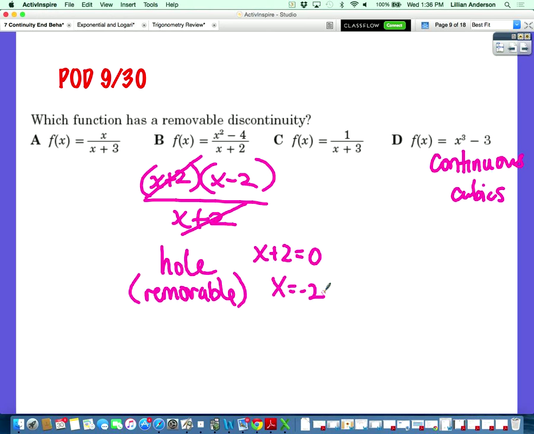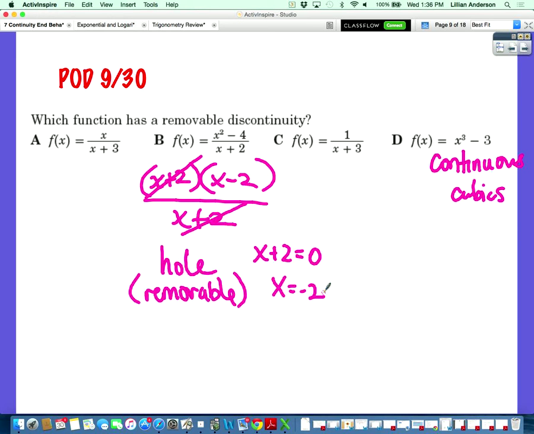It's going to have infinite, because what is an infinite discontinuity? What was in the parentheses? Vertical asymptote. What causes a vertical asymptote for a reciprocal function? Whatever x can't be, because it would be undefined.